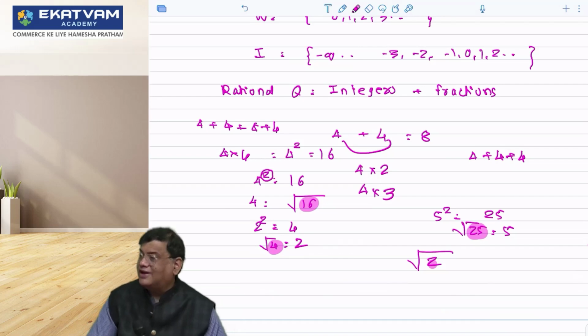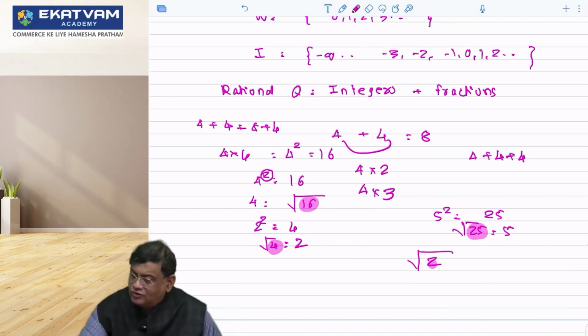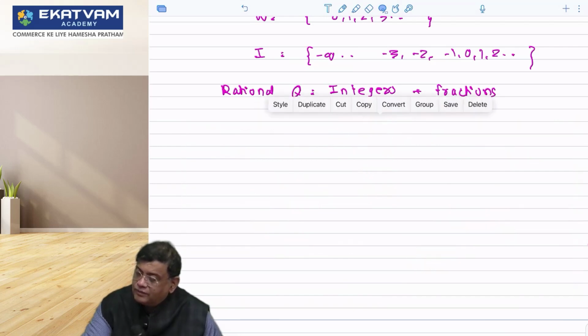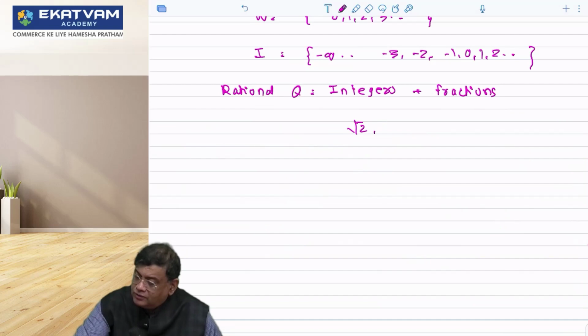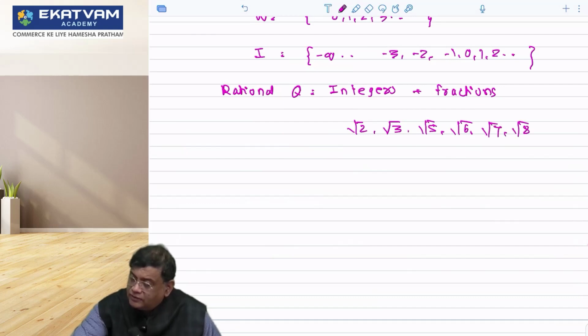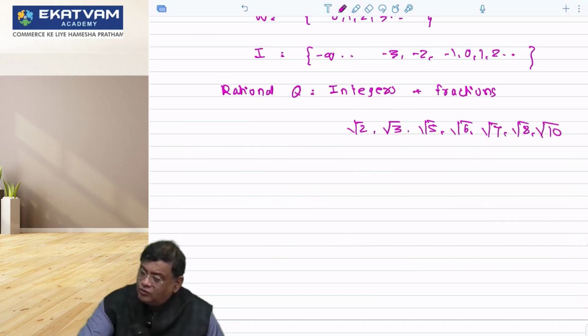what are called irrationals. What are known as what? Irrational. And therefore the numbers like root 2, root 3, root 5, root 6, root 7, root 8, root 10, these are irrational.